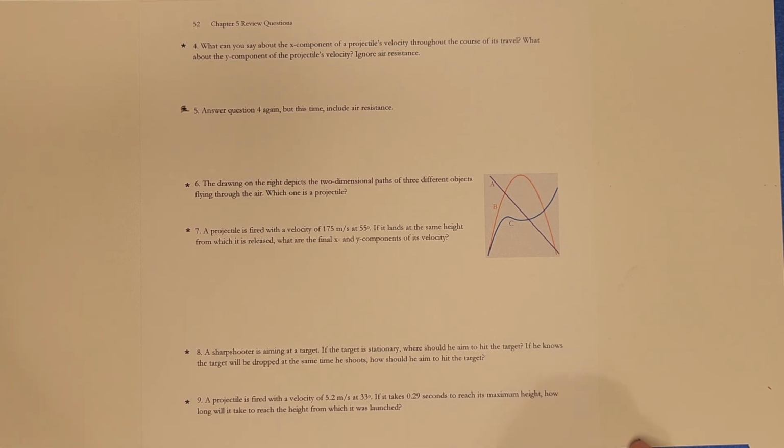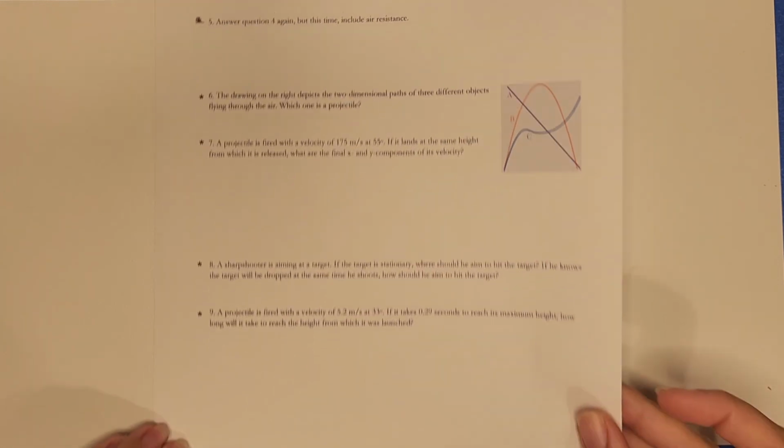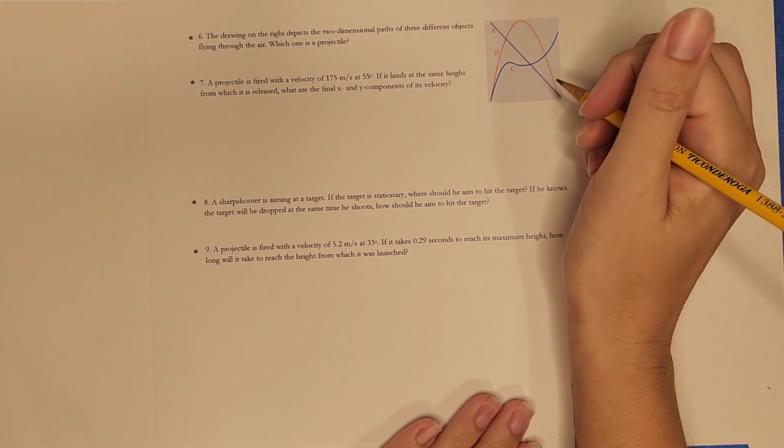All right, question 7. A projectile is fired with a velocity of 175 meters per second at 55 degrees. If it lands at the same height from which it is released, what are the final x and y components of its velocity? So let's go ahead and do what we normally do.